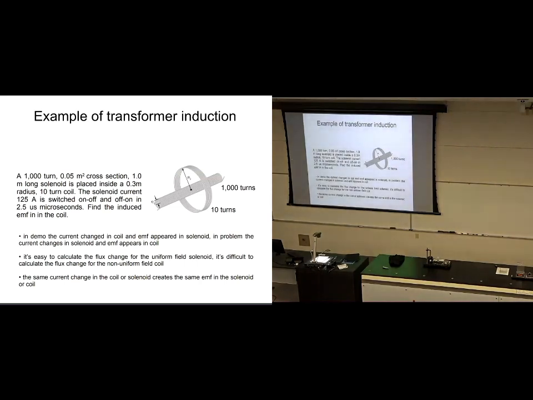On this overhead, we're given the details of the coil, the solenoid, and the changing current. We're told, for example, the solenoid has 1,000 turns, a cross-sectional area of 0.05 meters squared, and is 1 meter long. The coil has a radius of 0.3 meters and 10 turns.